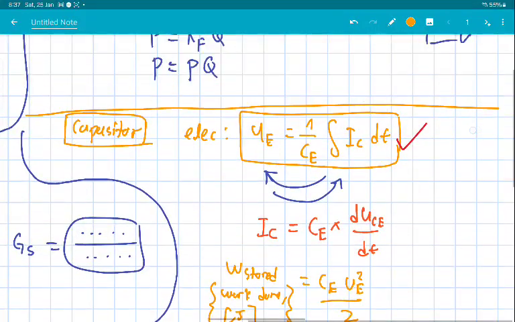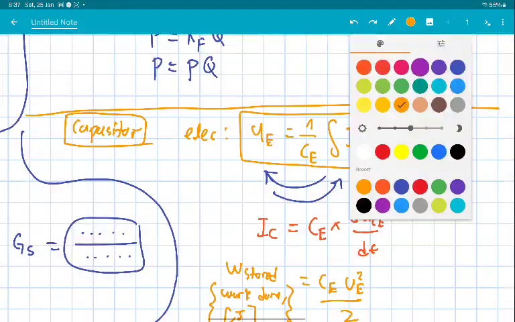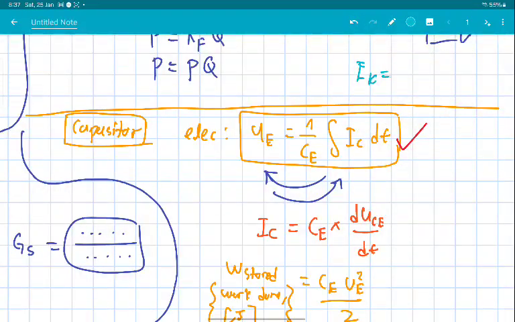You know that kinetic energy, let's call it EK, is equal to mv square over 2. So you will see that everything for work energy stored is similar to something like this.